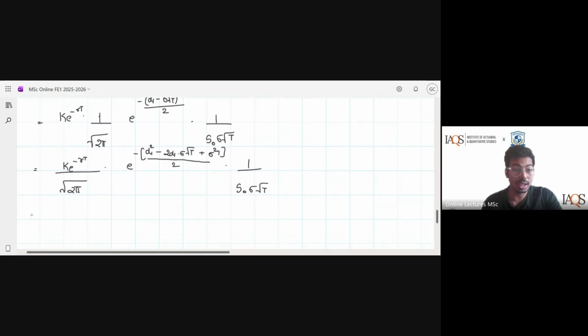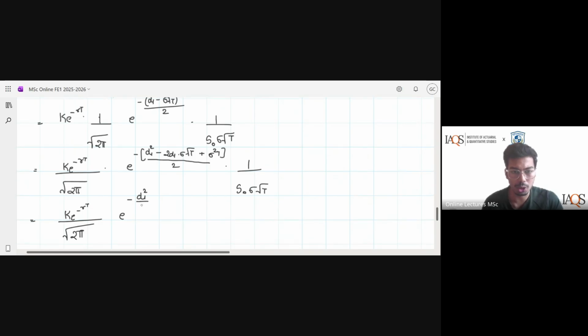Comfortable? Now I can write this as k into e raised to minus rt by root 2 pi e raised to minus d1 square by 2 plus d1 sigma root t minus sigma square t by 2, into 1 upon s0 sigma root t.